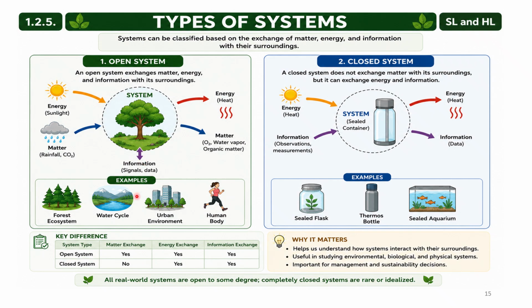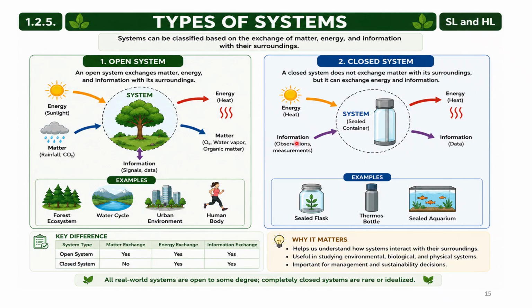Most natural systems, such as forests, the water cycle, urban environments, and even the human body, are open systems because they continuously interact with their surroundings. A closed system, by contrast, does not exchange matter with its surroundings, but it can exchange energy and information.